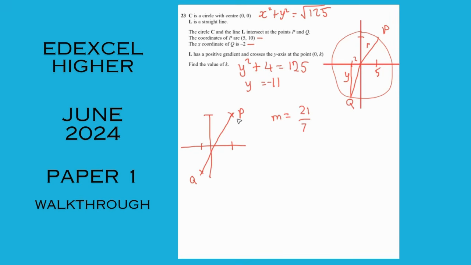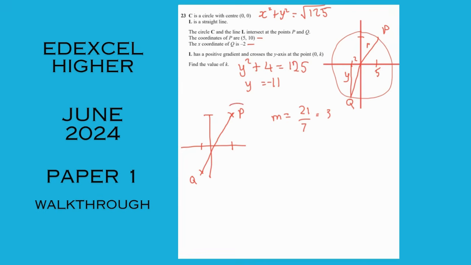Well, vertically it's at 10 minus 11, so vertically that is 21. Horizontally is minus 2 to 5, so that's 7. And you're told that it's a positive gradient anyway, so you didn't have to worry about the possibility of negatives. So we've got the gradient is 3.